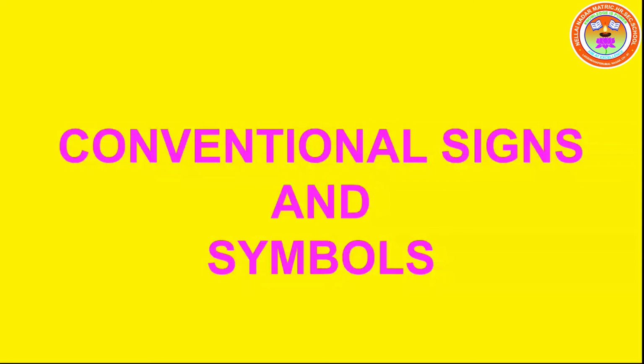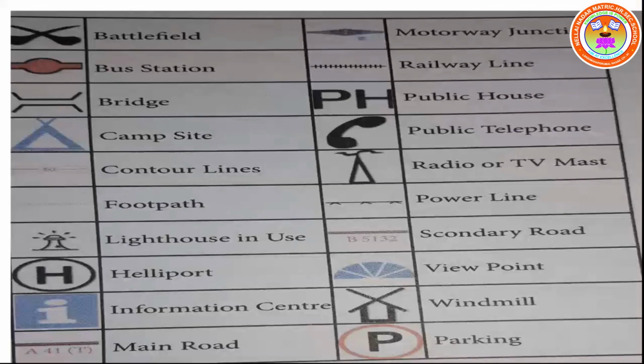Conventional signs and symbols. Conventional signs are symbols used in maps to represent different features. The symbols are explained in the key of the map. These symbols give a lot of information in a limited space.